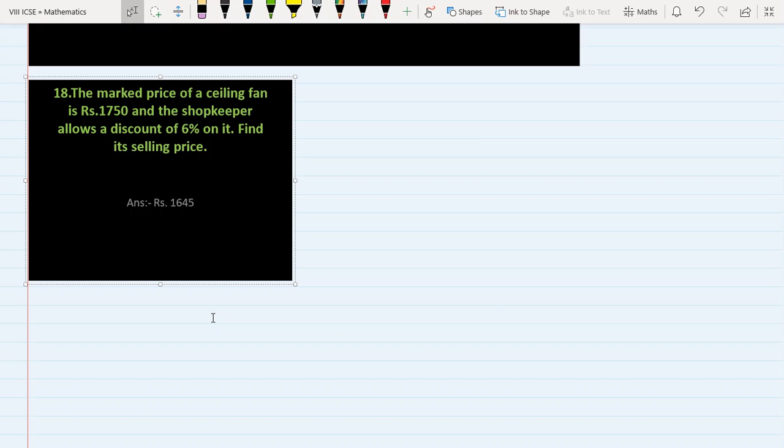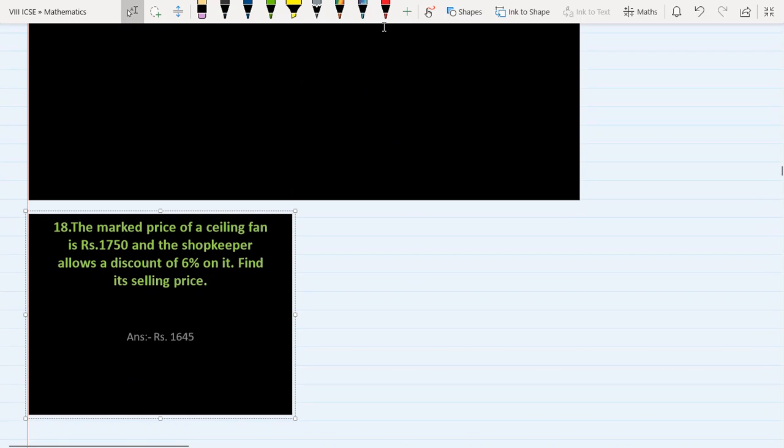The only thing you must remember is that discount has to be deducted from the marked price, and tax has to be added on the selling price. So we'll just note this down, very important.